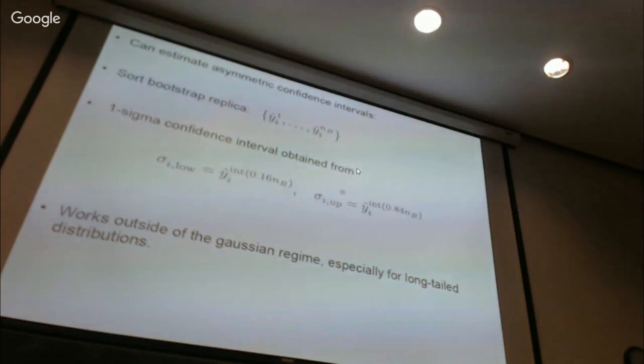How do you find what the 16th percentile corresponds to? Well, say I had 1,000 bootstrap samples. Then I would just take the 16th one after I sorted them, and that value would be my lower end. If I histogrammed all those bootstrap samples, I'd get a histogram that looked Gaussian, maybe, if I was in the Gaussian regime.